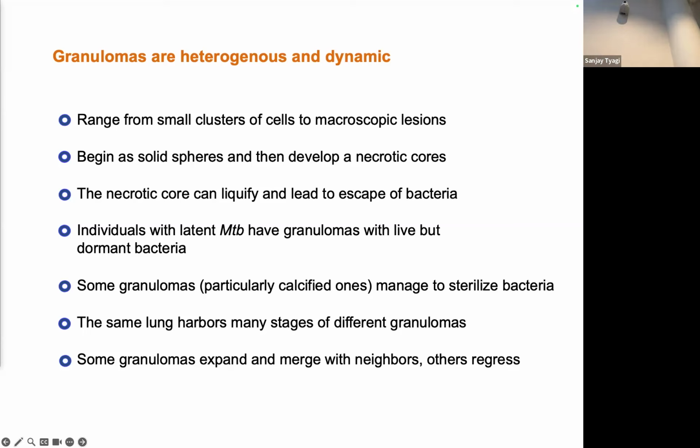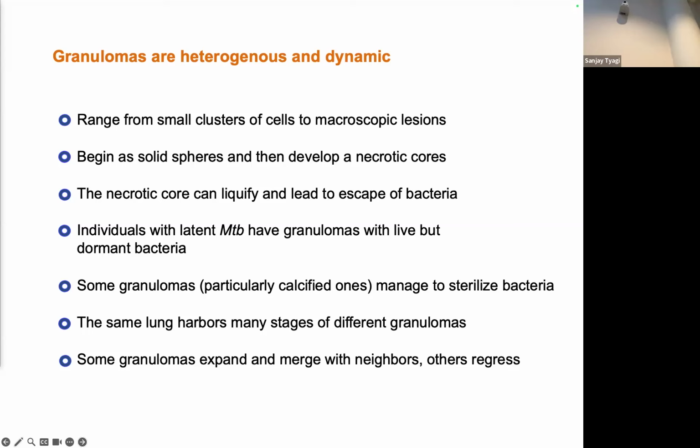So the key thing is that they begin as solid spheres, a cluster of cells. Then, in the case of TB, they develop a core that is necrotic, where the cells die. And in the case of active TB, this core becomes liquefied. There's too much cell mass, and that escapes.